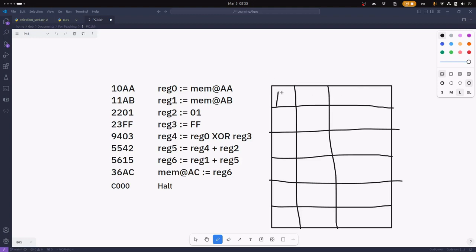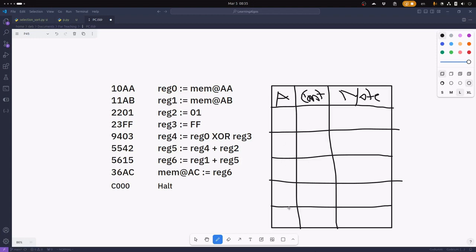So addresses here, and instructions, or you can say contents, in here, and this is our note.